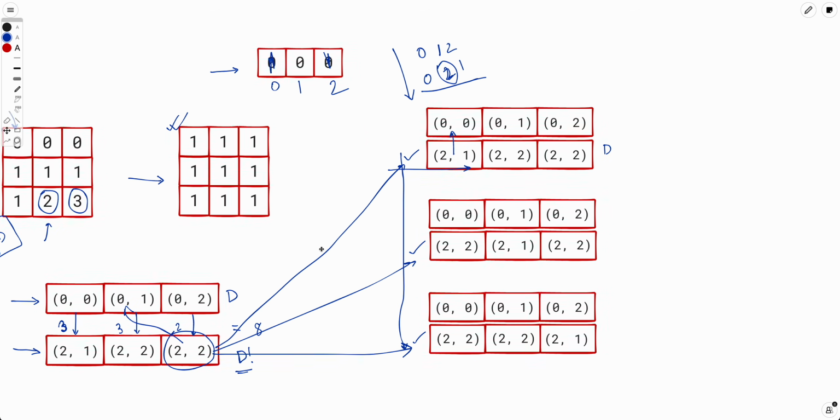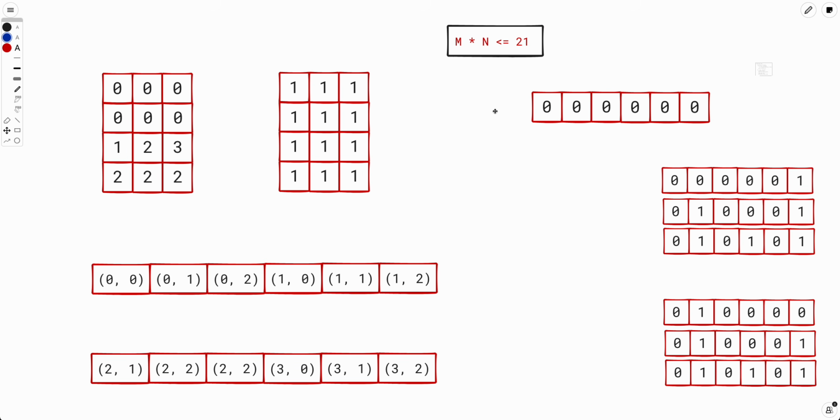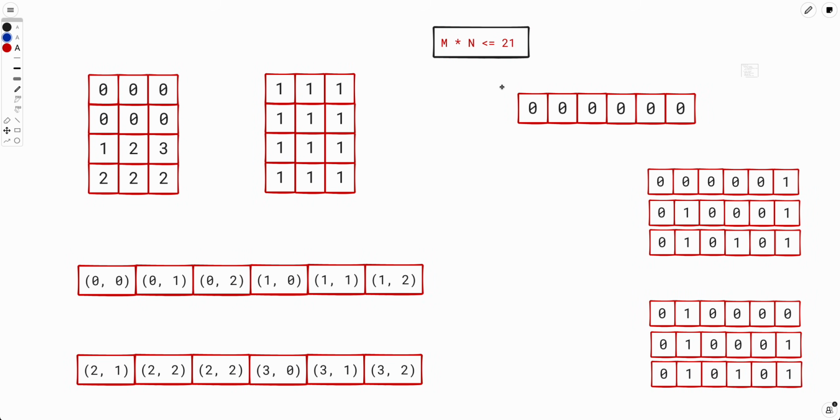Next, let's look at the follow-up problem wherein m cross n is less than or equal to 21. So in other words, here you can't actually apply the same algorithm, because the previous algorithm was d factorial, where d is the number of empty cells or number of cells with extra stones. In this case, d factorial would be 21 factorial in the worst case, right?